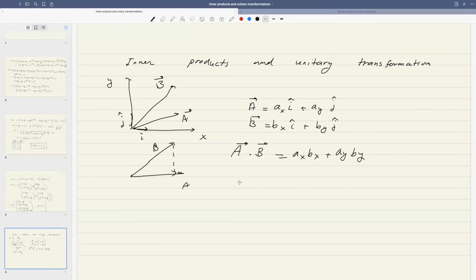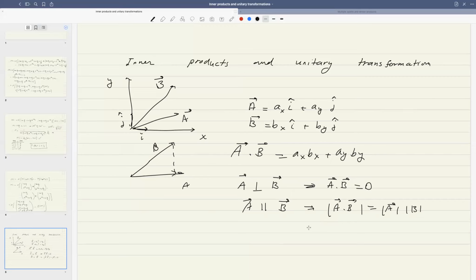When A is normal, perpendicular to B, there is no component in the direction of A, so the inner product is 0. When A is parallel to B, they're in the same direction, A dot B, if you take its absolute value, it could be positive or negative depending on the direction, but that's essentially the length of A times the length of B.